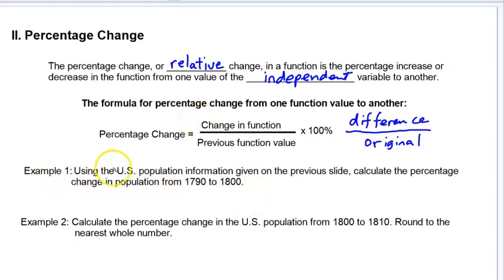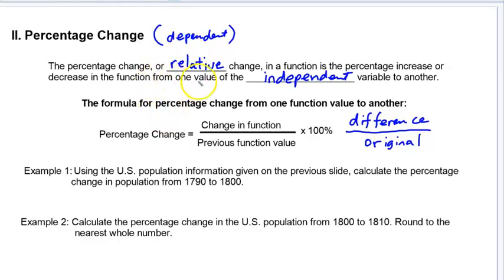And example number one says to use this table using the population information given on the previous slide, calculate the percentage change in population from 1790 to 1800. Now, the thing about percentage change is the actual calculation only uses the dependent variable.